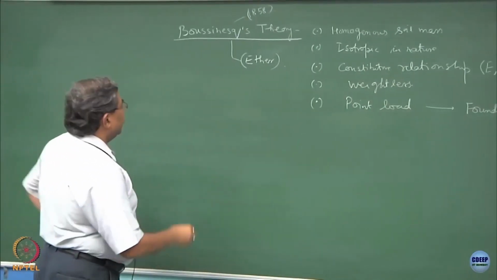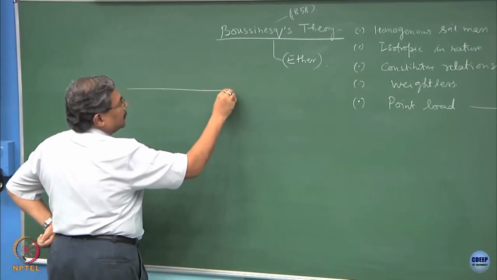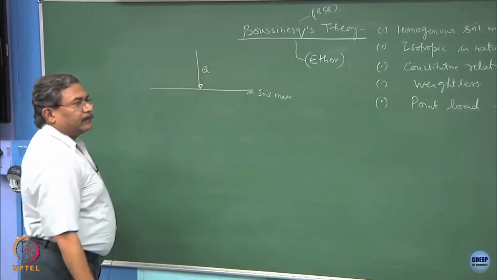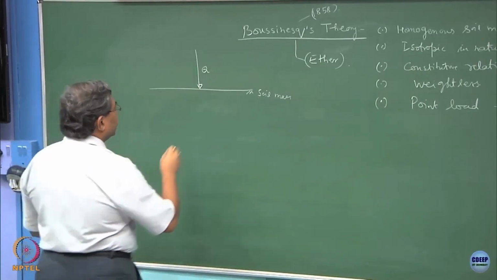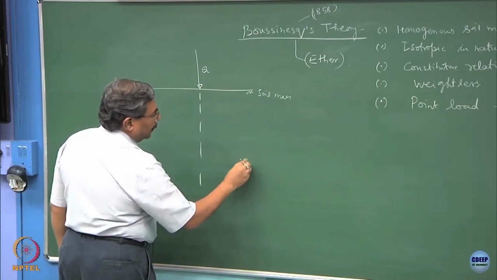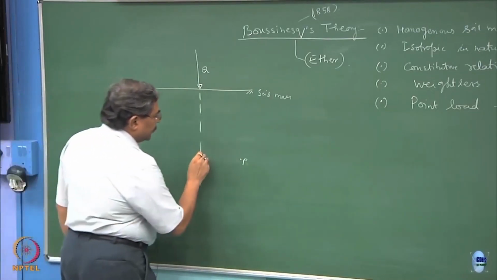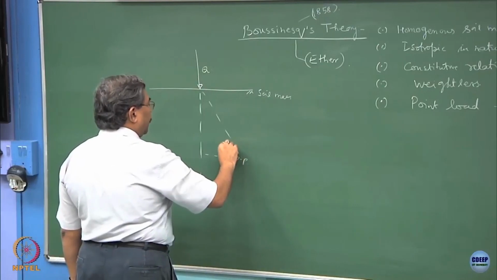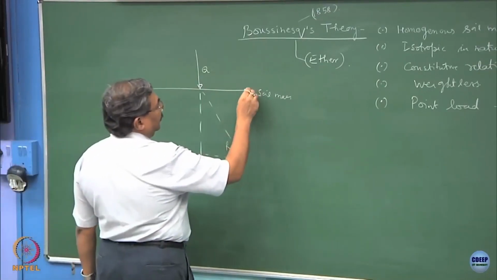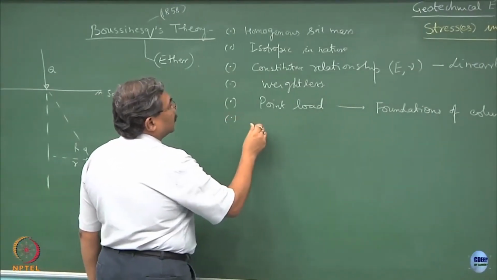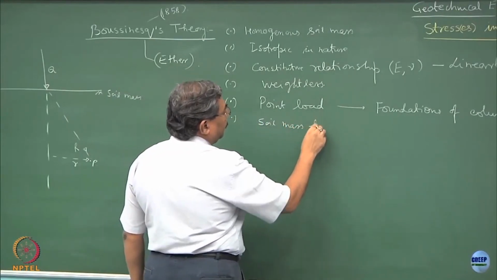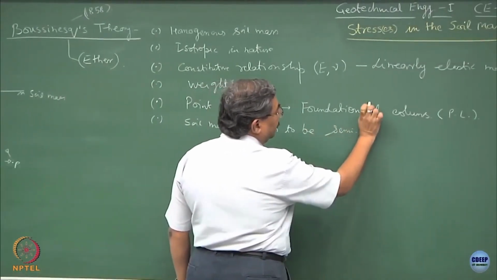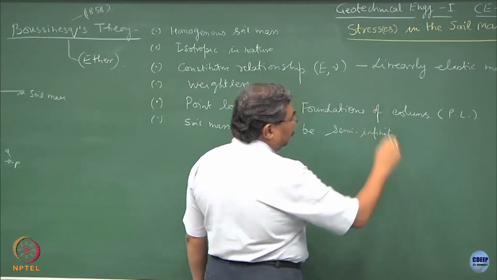So, as per this, if you have the soil mass which is exposed to an external loading of Q, and if I want to find out what is the state of stress at a point P in the soil mass, the radial distance is R, this distance is capital R, and another assumption here is that the soil mass happens to be semi infinite soil mass.